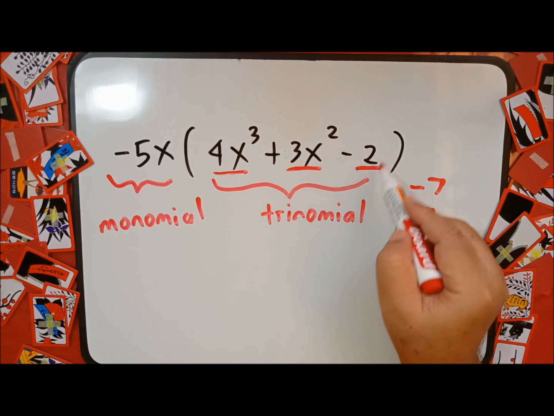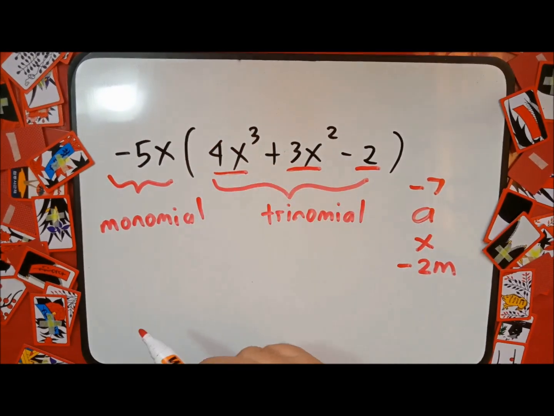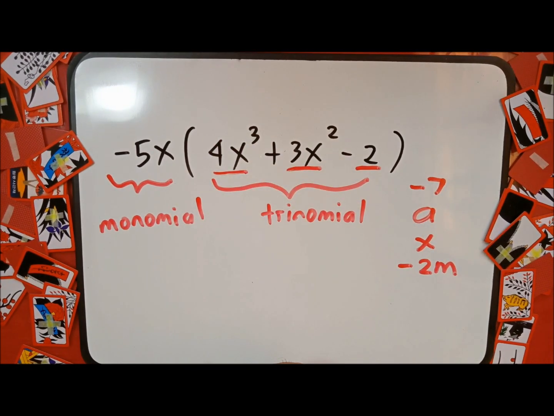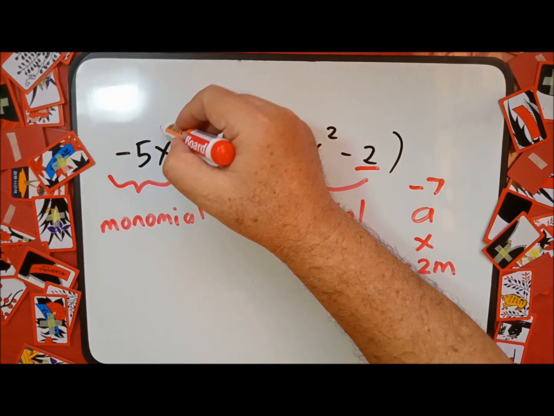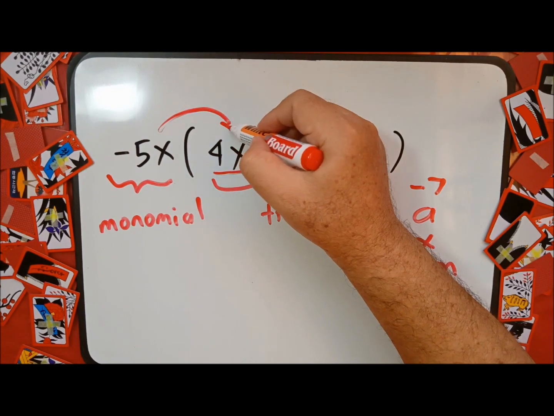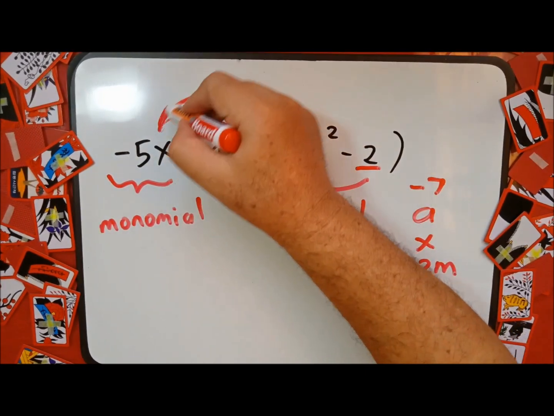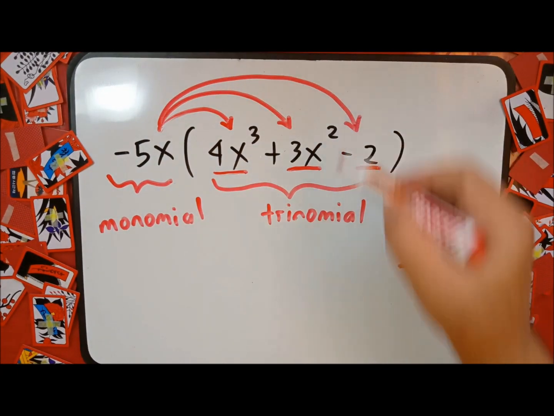So negative 2, positive 3x squared, and 4x cubed are your algebraic terms. Okay. Now, what will you do with this? According to the distributive property, you have to multiply this monomial to the first term, then to the second term, then to the third term.